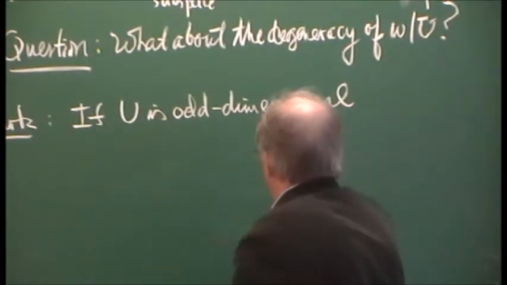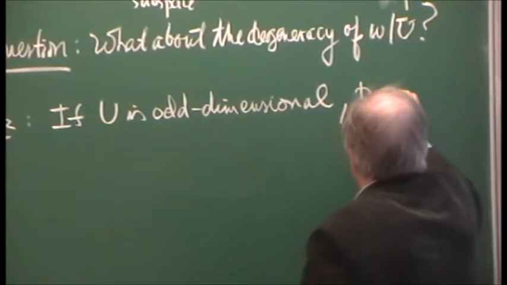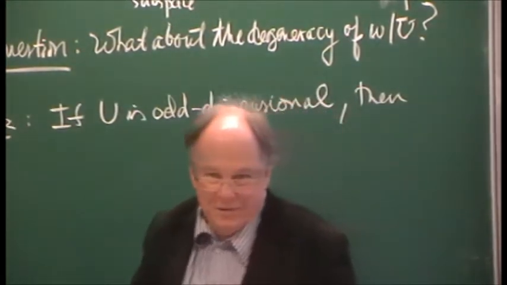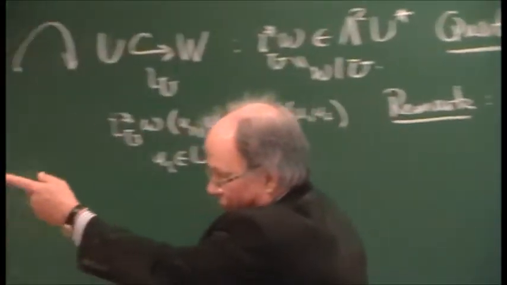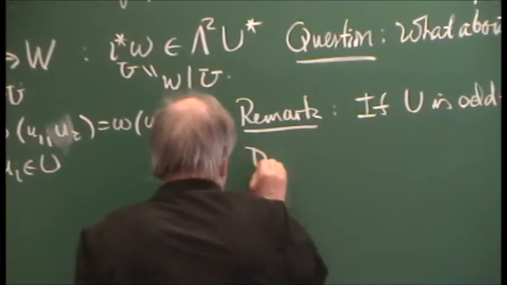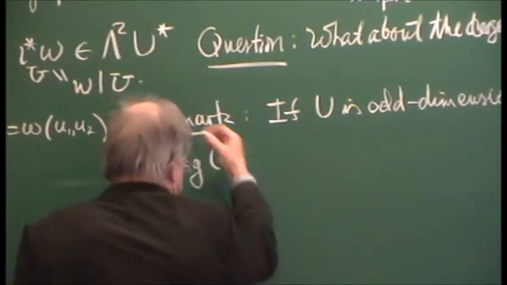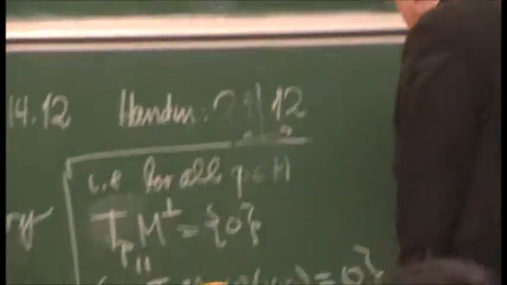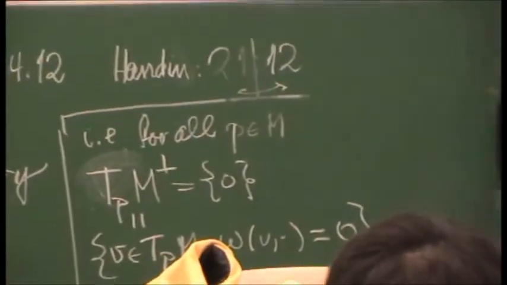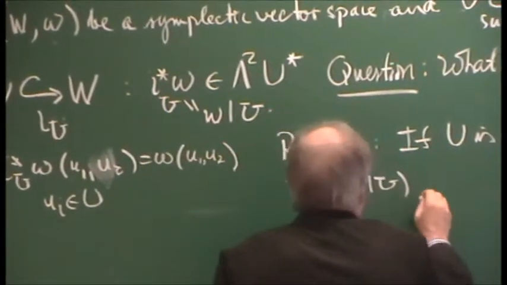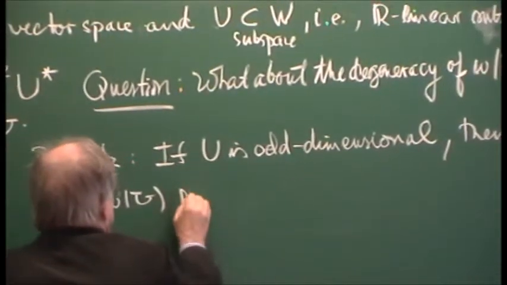Because if it's odd dimensional, then this thing is degenerate. And the reason is symplectic vector spaces are even dimensional, right? If you don't believe me, just look here. So then in fact, the degeneracy, which is what I mean by this vector space here that I wrote, the degeneracy of this form is positive dimensional, for sure.